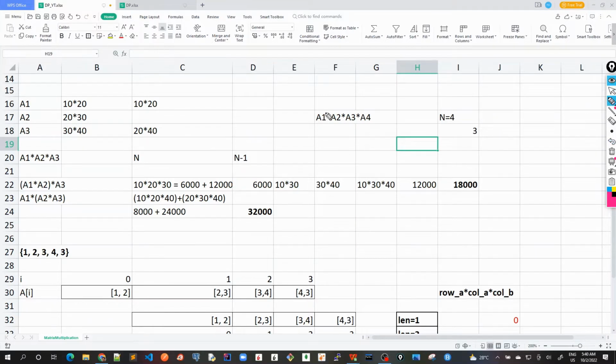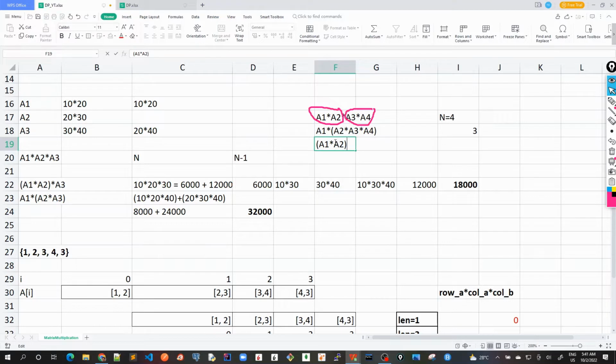One way is that I take A1 out, and first multiply A2, A3, and A4. This is one option. The second option would be that I multiply A1 by A2 in brackets, and A3 multiplied by A4.